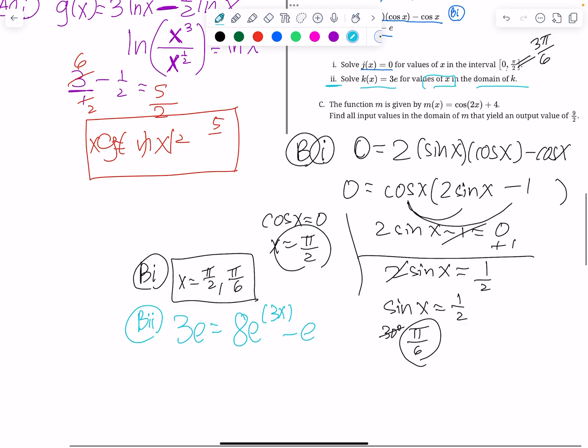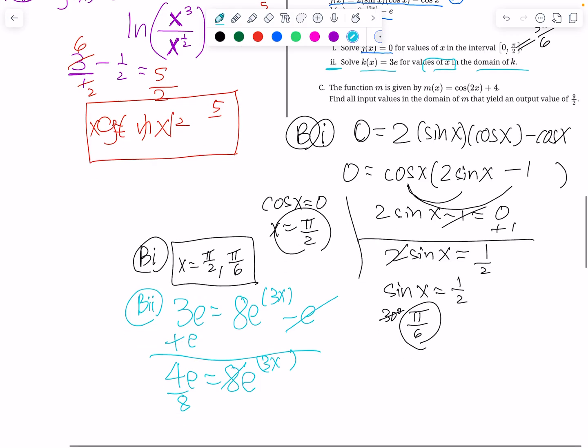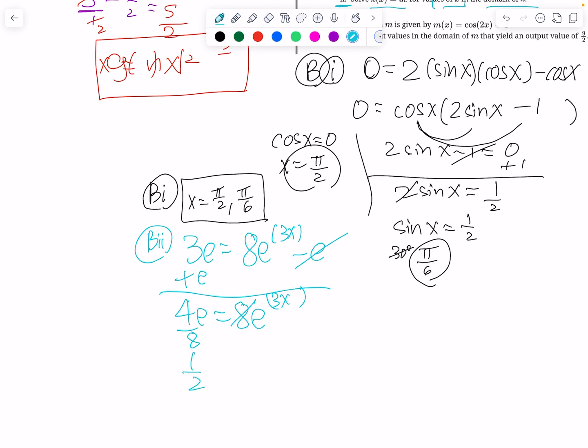Okay, so we're going to solve algebraically. Opposite of minus e is plus e, so we have 4e. Then what we're going to do is divide by 8 on both sides. So I have half e equals e to the 3x.